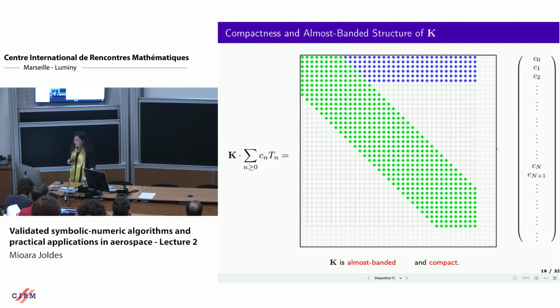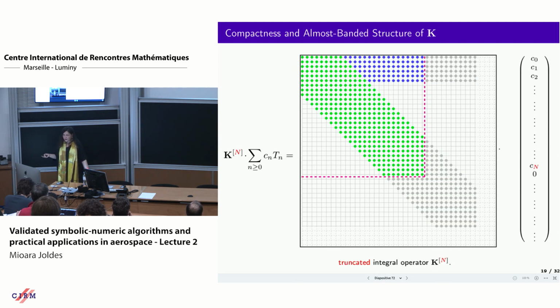So it's only natural to truncate it and to solve the corresponding linear system. This linear system can be solved very efficiently by a method of Olver and Townsend, which uses a nice QR decomposition of this almost banded operator. So we are not forced to have the standard complexity of a dense operator.